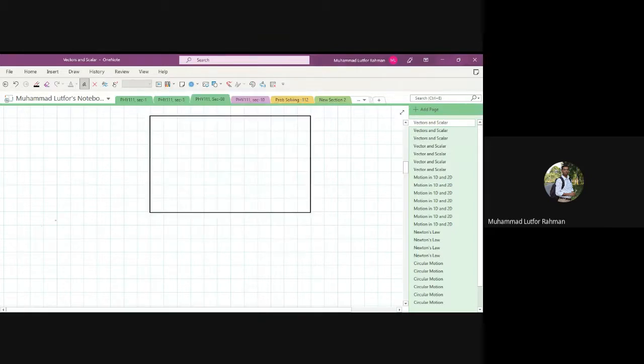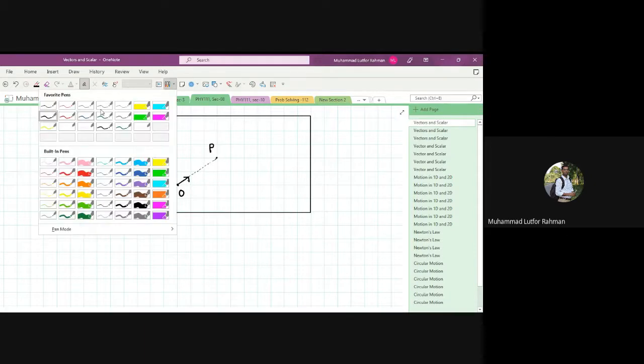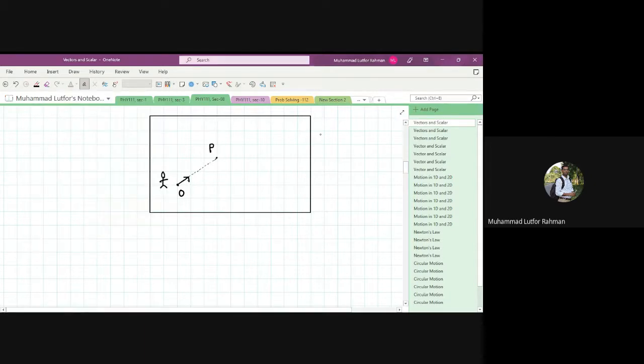In the table, there is a point, say the point is O, and the other point, say this is the point P. You want to go from point O to P. Once you start from point O, at the same time, say the table is moving rightward with a constant velocity.